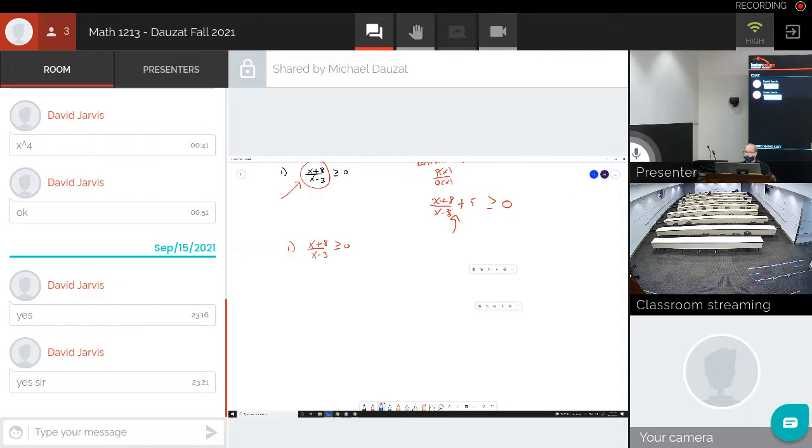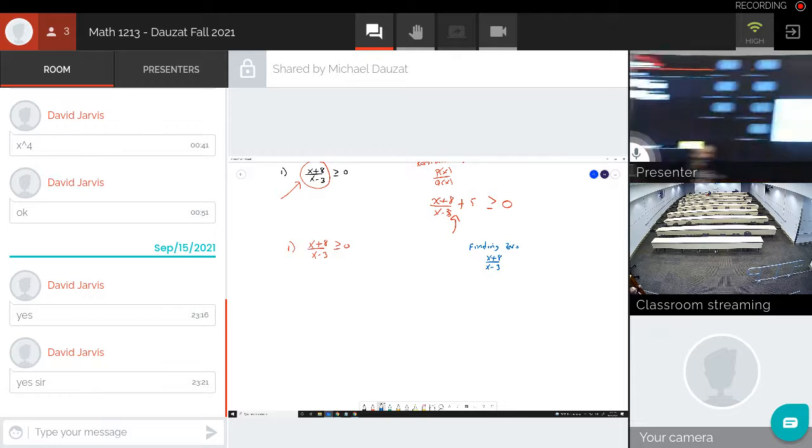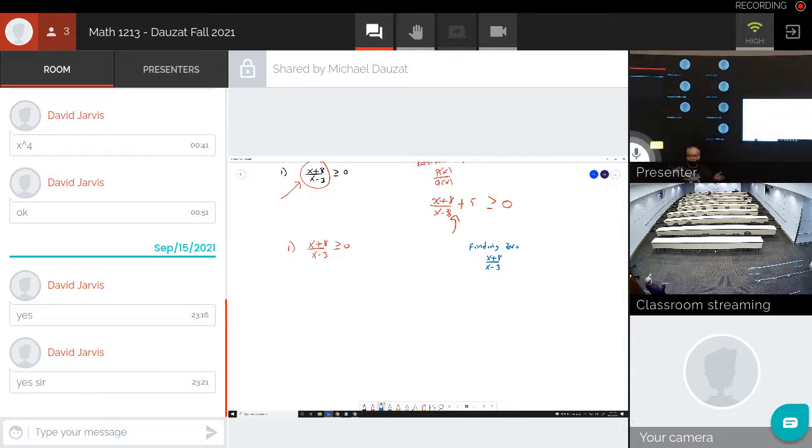When you're finding the zero of a rational expression, in this case x plus 8 divided by x minus 3, you're going to set it equal to 0. That's what it means to find the zeros: what value of x makes it equal to 0?